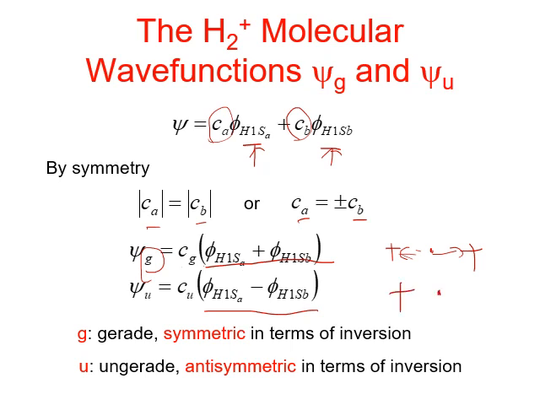However, if the two sides are opposite sign, so if you invert from one side to the other, you change sign, and this is called anti-symmetric in terms of inversion, and that is ungerade. For the first molecular orbital, because they have the same sign, it's symmetric in terms of inversion. So this molecular orbital is called the gerade molecular orbital, and the other one is ungerade, when the wave function of the molecular orbital is one atomic orbital minus the other.